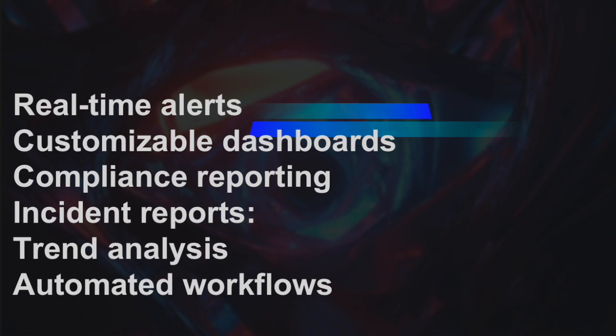For example, a SIEM solution can alert the security team when an unusual amount of data is being sent outside the network, indicating a potential data exfiltration attempt. So this is very important.